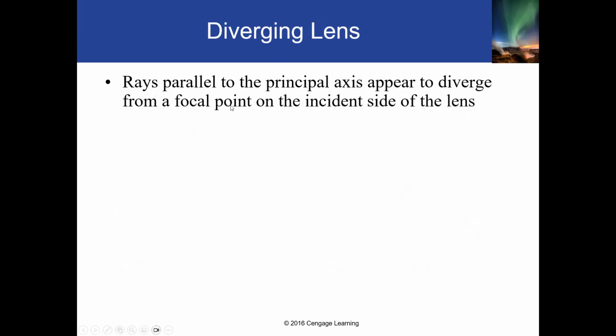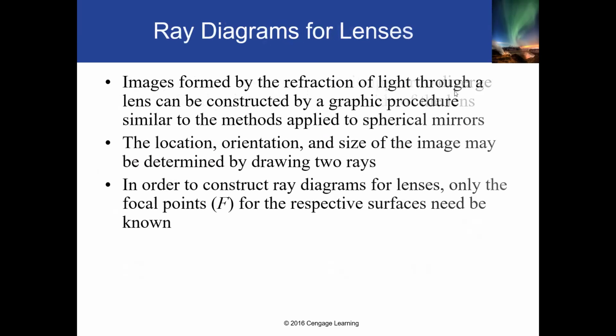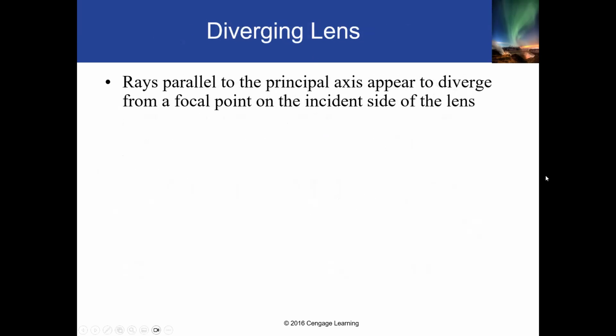And for a diverging lens, rays parallel to the principal axis appear to diverge from the focal point on the incident side of the lens. We'll talk about more details with the actual pictures.